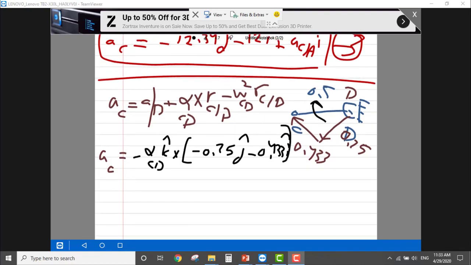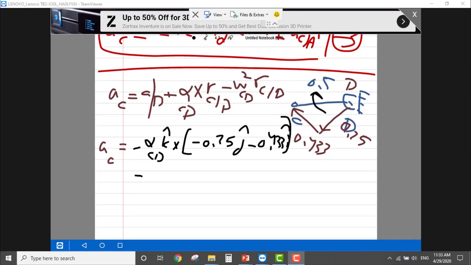Minus omega CD, we could find it in the previous section, and it was positive, equal to 6.93, but it is clockwise, so I will write minus 6.93 in the K direction. Sorry, this is squared, I forgot.